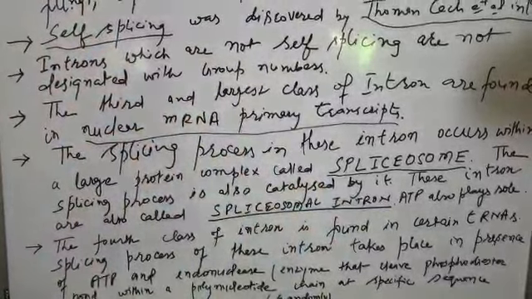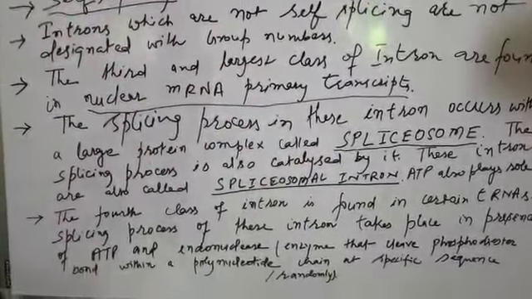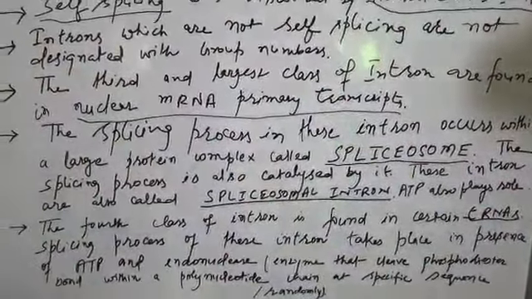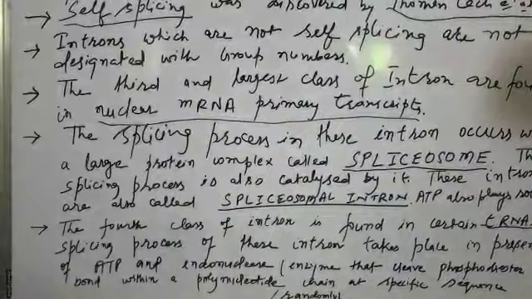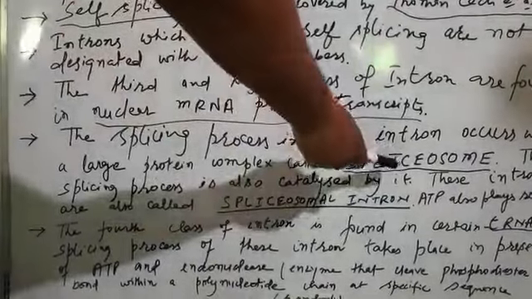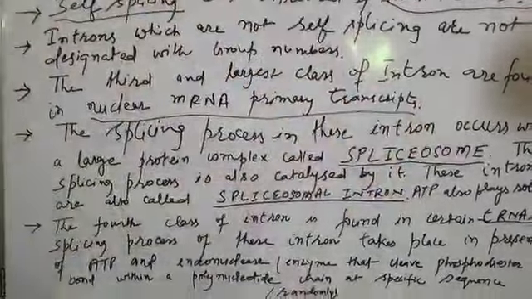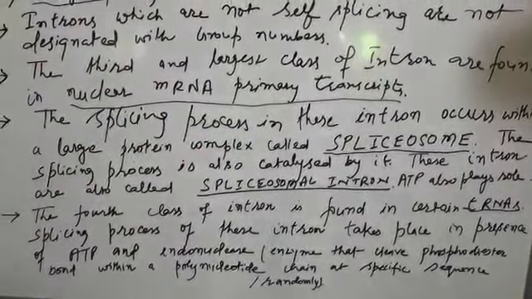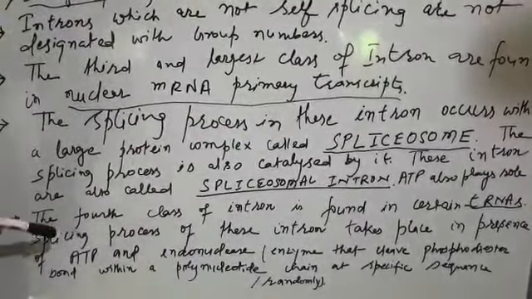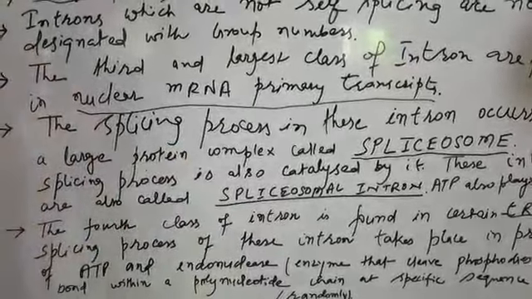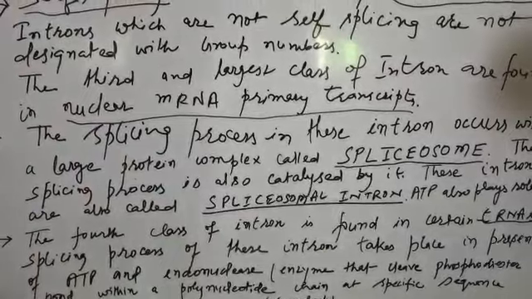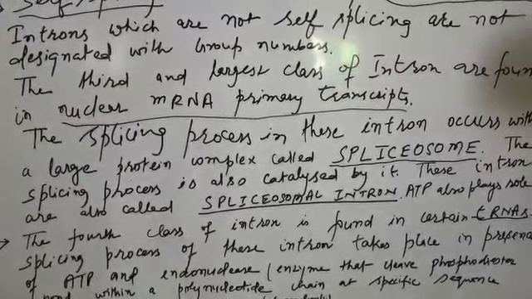And the fourth class of intron, as I told you, is found in tRNAs. In class three, that is spliceosomal intron, ATP is also present during splicing. Now again to the fourth class, found in tRNA, this splicing takes place in the presence of ATP and endonuclease.